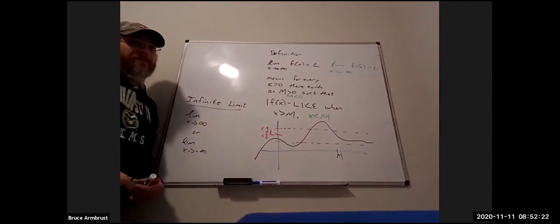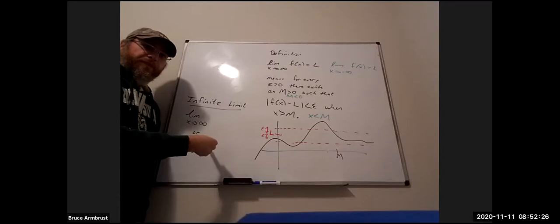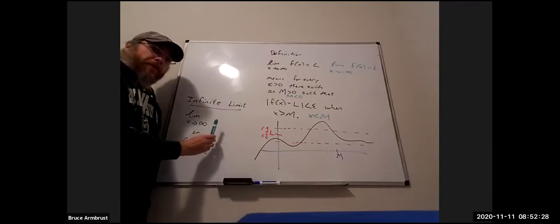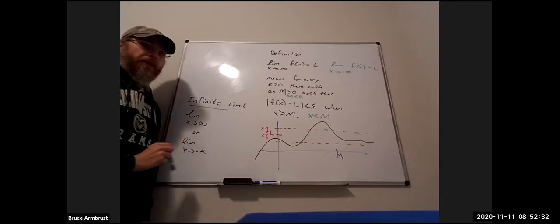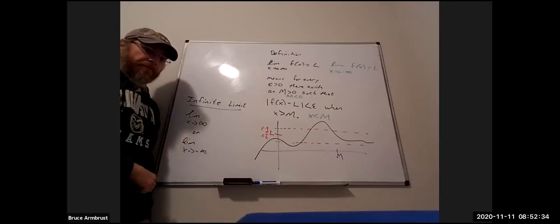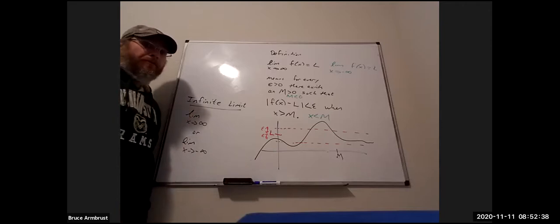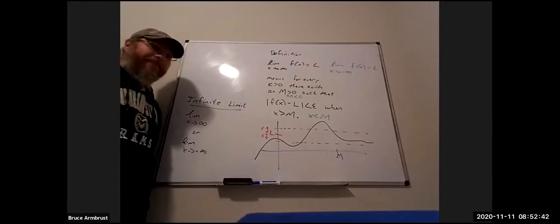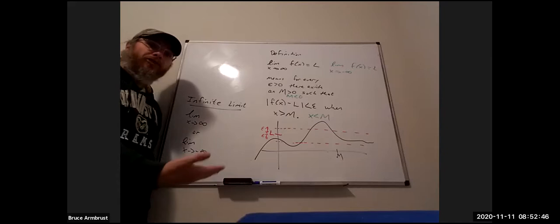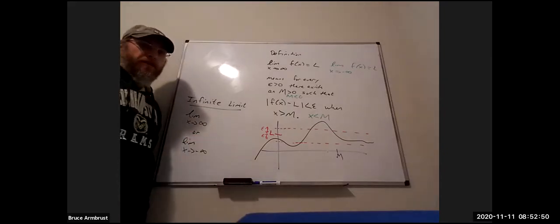Now we need to be negative somewhere out this direction. And then once we get past it, meaning less than M, we're within that strip. All right, so that's the idea behind these infinite limits. So there's a value that we get to eventually, or we get really close to eventually.